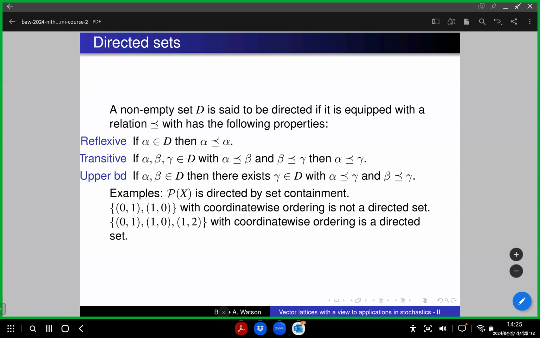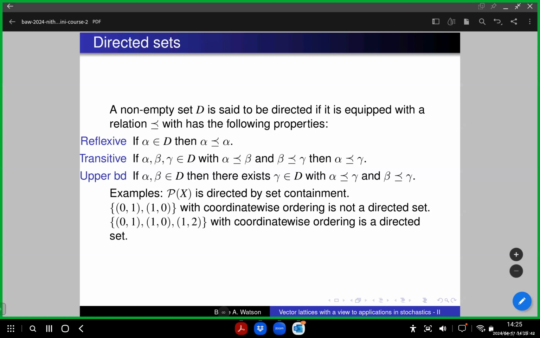And we also know that if we take any two subsets of X, its union is in fact its supremum. So if we take the union of the sets A and B, that is the supremum of A and B, and that is again in the power set. So that gives us the upper bound property being met. So it is certainly a directed set.